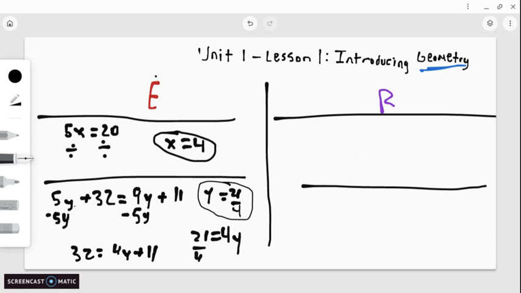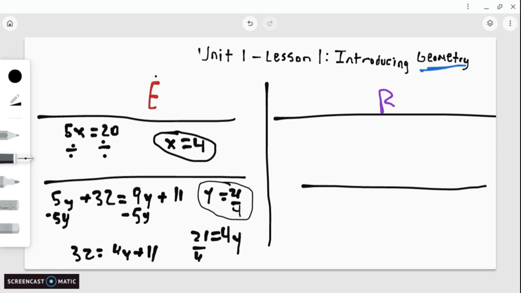The other one is harder. First you want to get the terms on the same side. So you subtract 5y, and you wouldn't subtract 9y. You could, but that would make negative 4y, and that would just be more confusing.